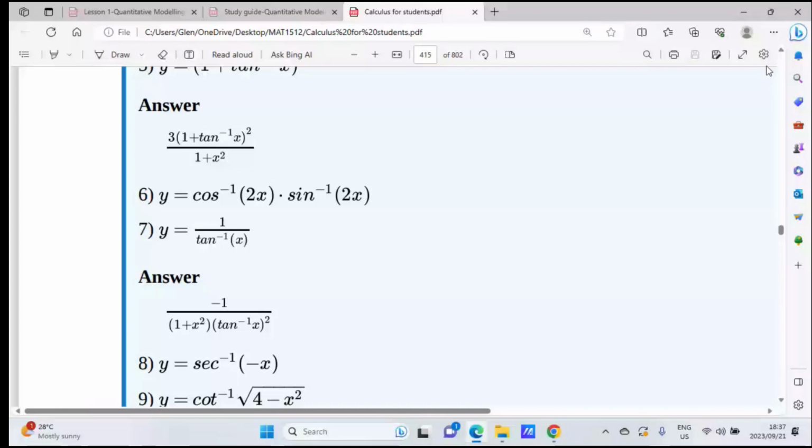Okay, I've got -1 over x, the denominator is x with the square root of x squared minus 1. I agree with you. I also agree. That's it for number 8.